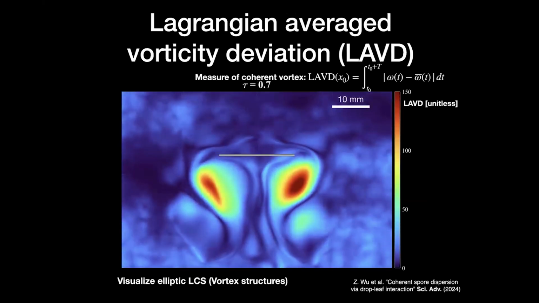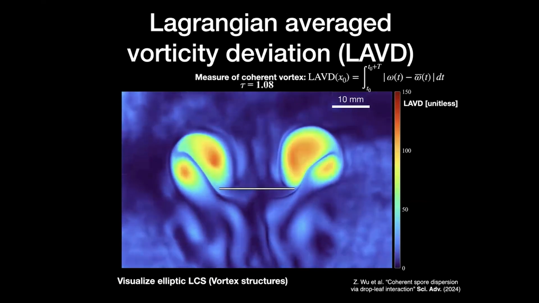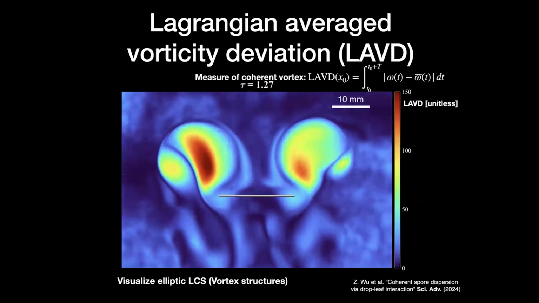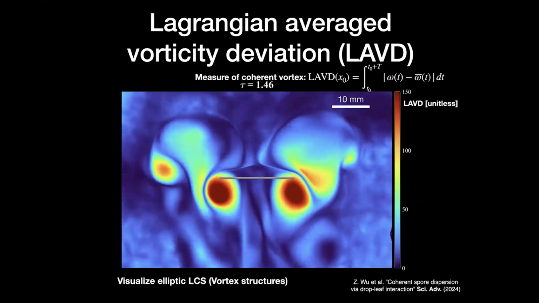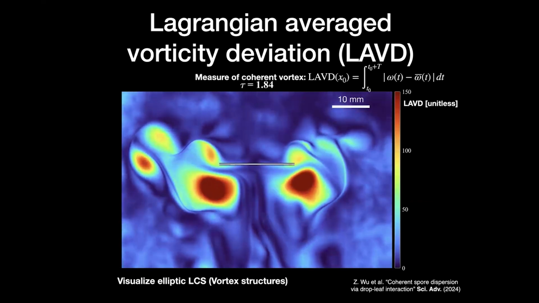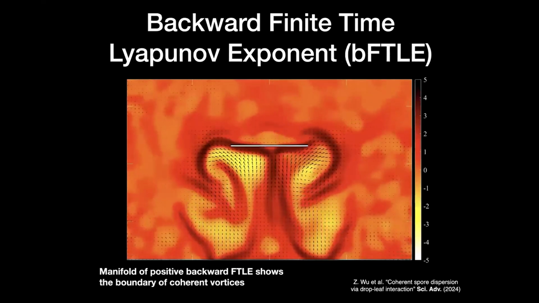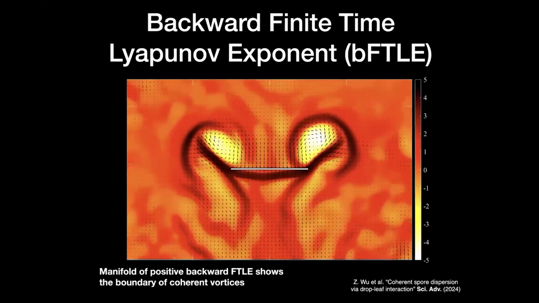First, we calculate the elliptic LCS, where we see the nice vortices form as the leaf is fluttering up and down. So this is quite intuitive. And in the next image, we're going to show the Lyapunov exponent.